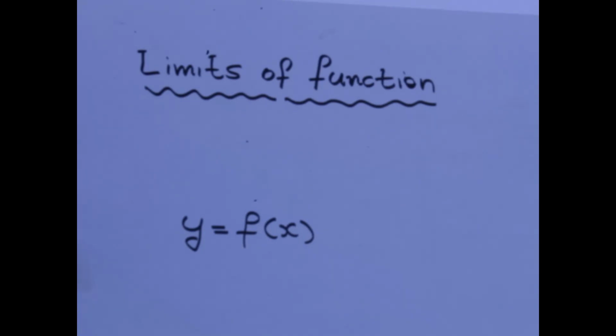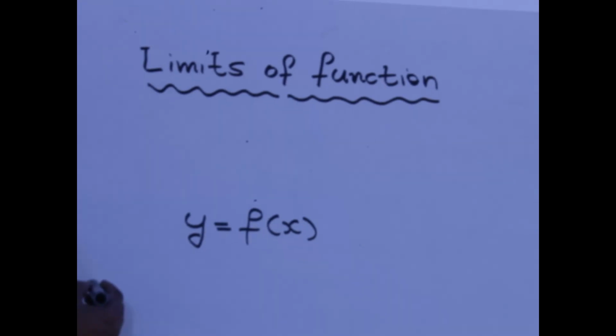If these two limits are equal, we can say the function has a limit, or the limit exists. If these two limits are not equal, we say the function's limit does not exist.